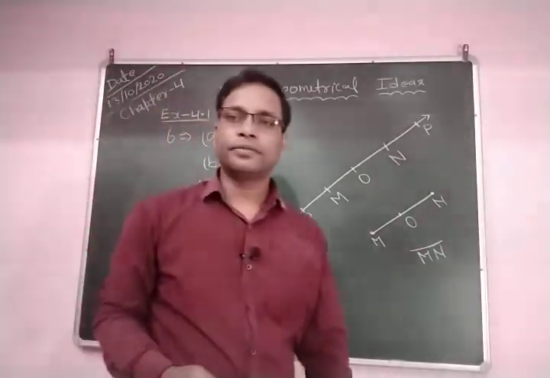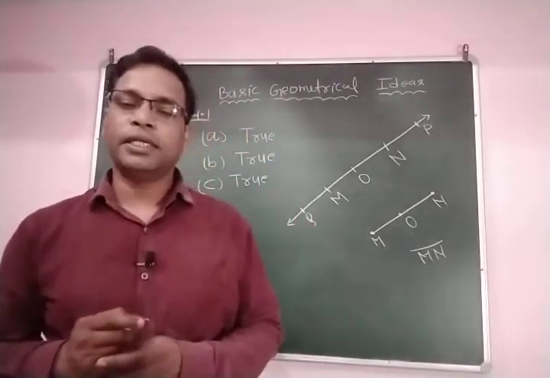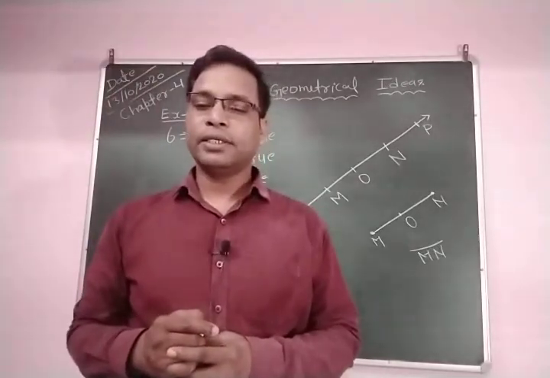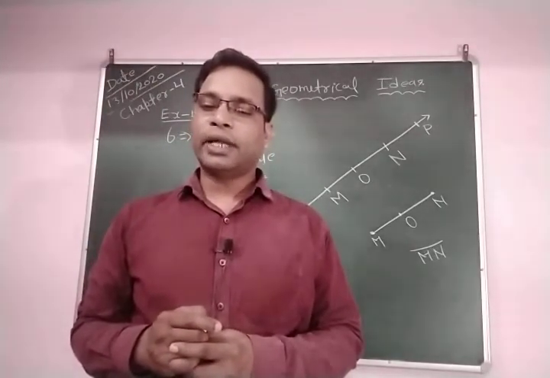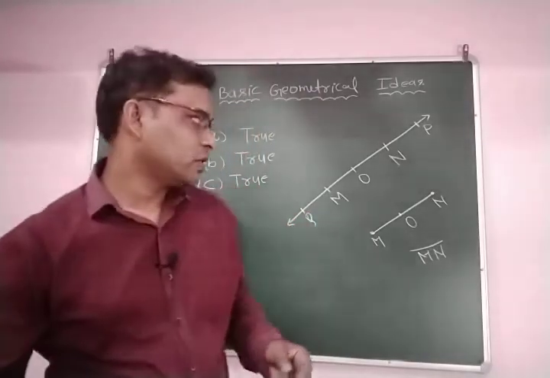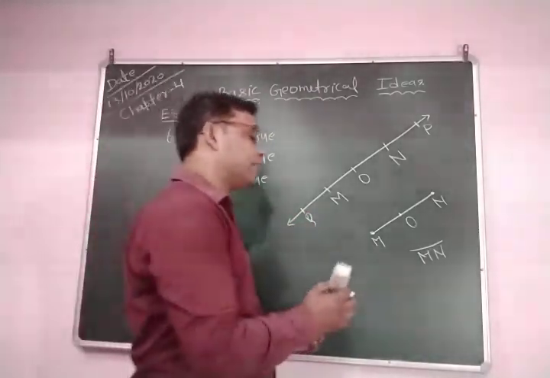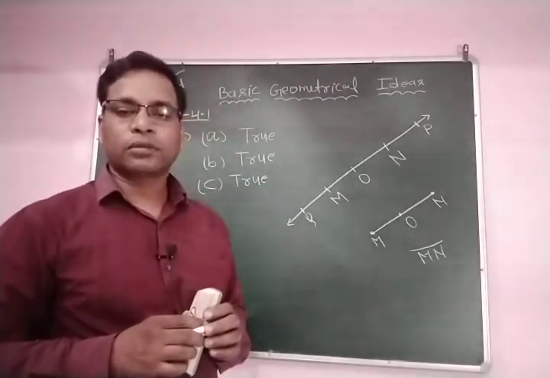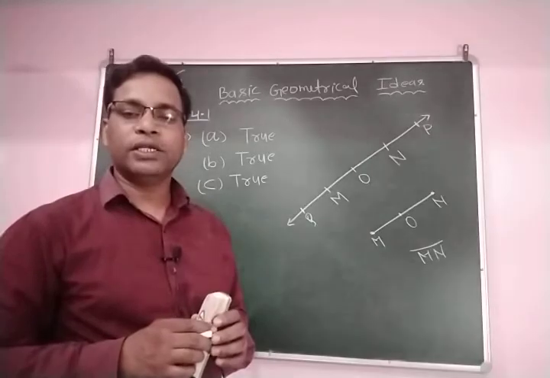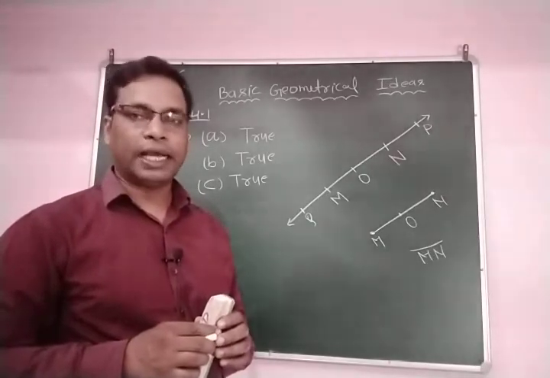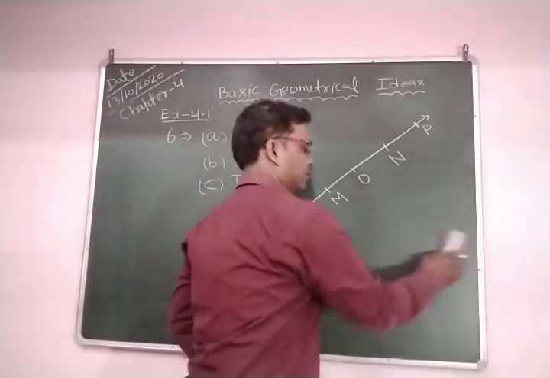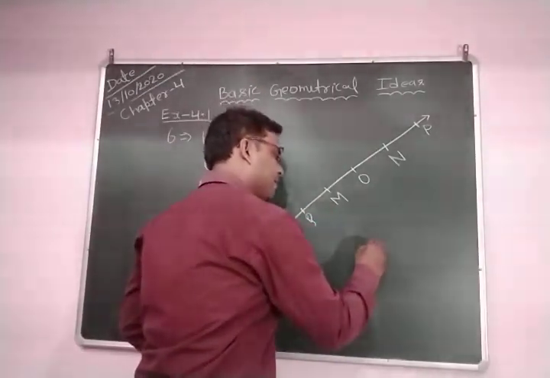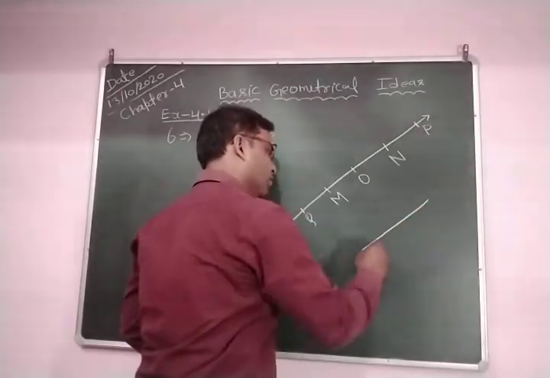Okay, now the next part, the D part of this question: O and N are end points of line segment OP. First we draw line segment OP. After this we verify whether points O and N are the end points of line segment OP or not. So we draw line segment OP.